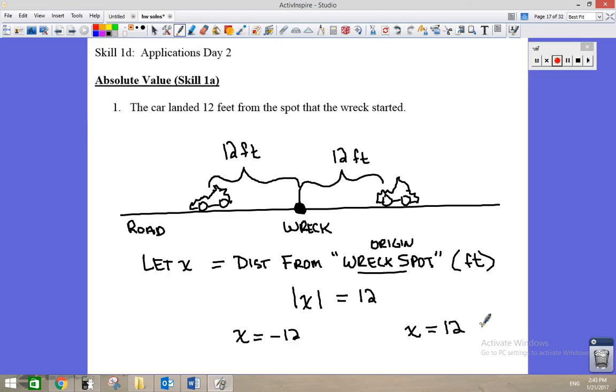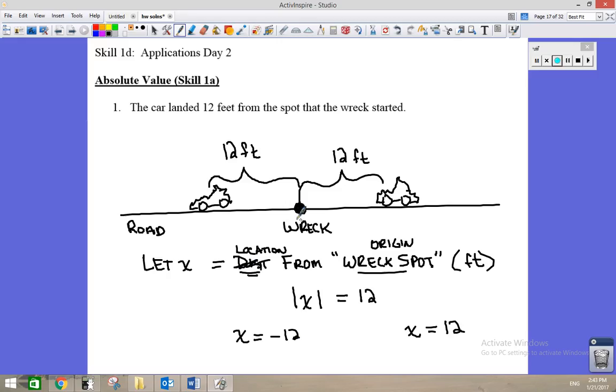Now, normally, this negative 12, I guess I should really rephrase the word distance here, because yes, the 12 feet, it's more of a location than a distance, because we know that distances can't be negative.